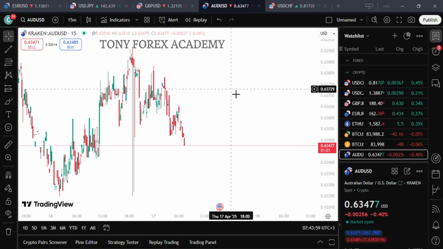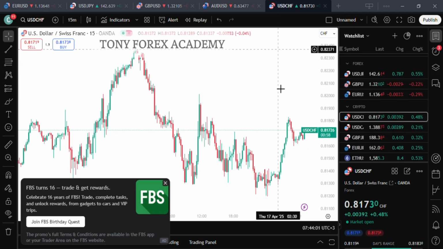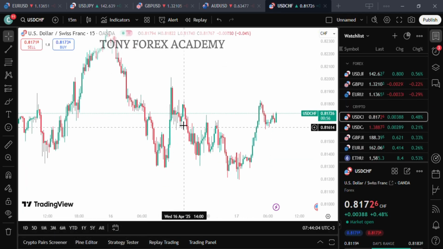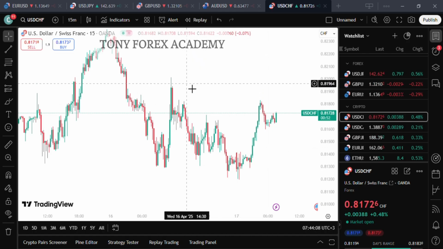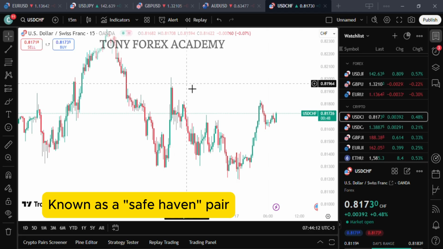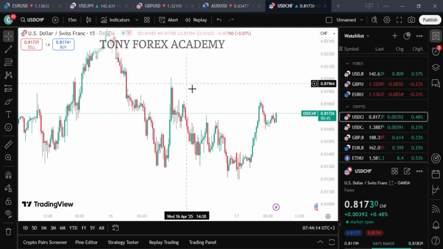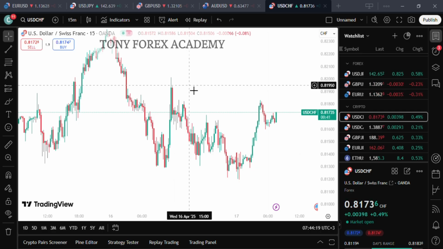The other pair is this one: the US dollar against the safe haven currency, the Swiss franc. Also known as a safe haven pair, it can be relatively stable during uncertain market conditions, especially when there is no chaos in the market.